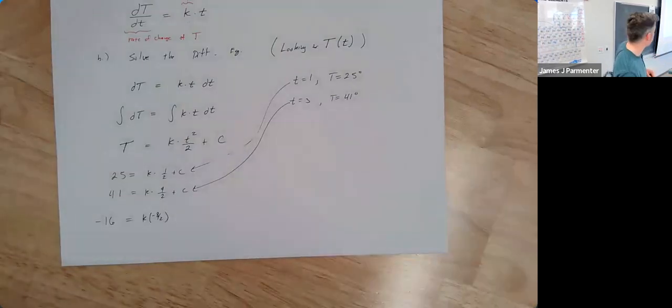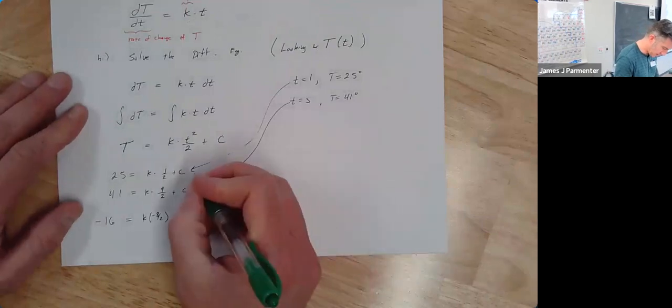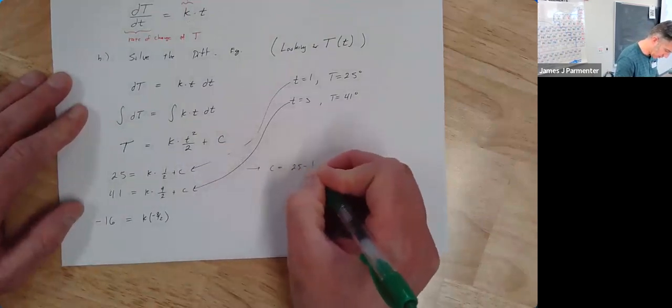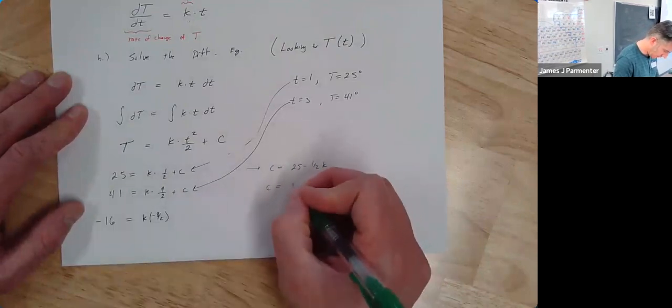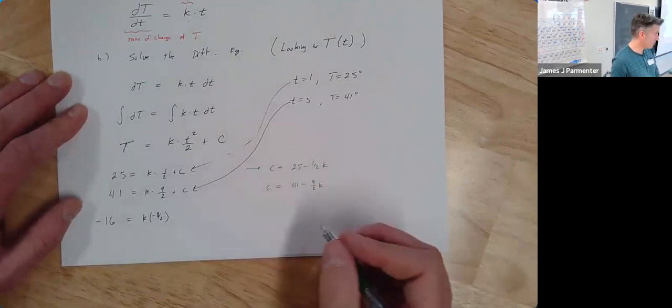I feel like just isolate C. Totally could. I feel like it's more writing though, but you're right. We could totally say that C is equal to 25 minus 1/2 K. And here I'm going to say that C is equal to 41 minus 9/2 K, and then set those equal to each other.